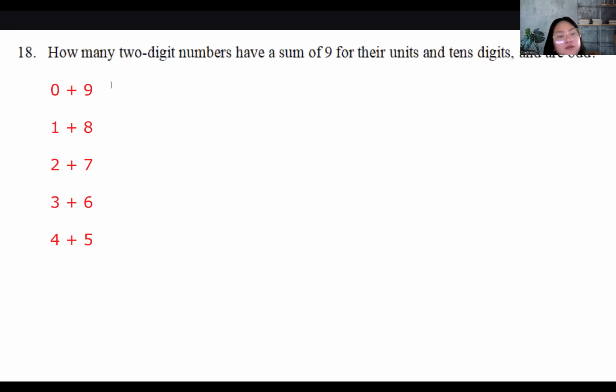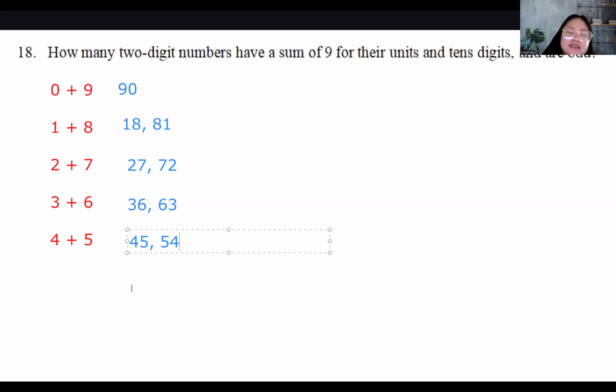Okay, now let's form numbers. When you have 0 and you have 9, the only two-digit number that you can form is 90. Correct? You cannot form 09. This is not allowed because it's a one-digit number. Here, you can form 18 and 81. Here, you can form 27 and 72. You can form 36 and 63. And here, you can form 45 and 54.